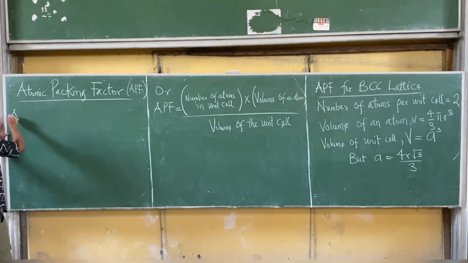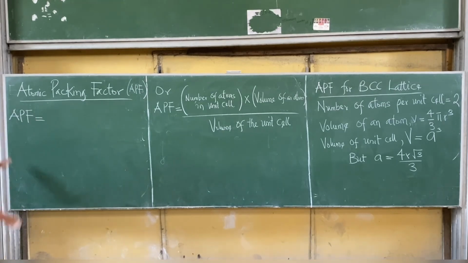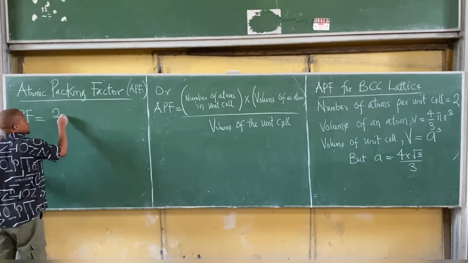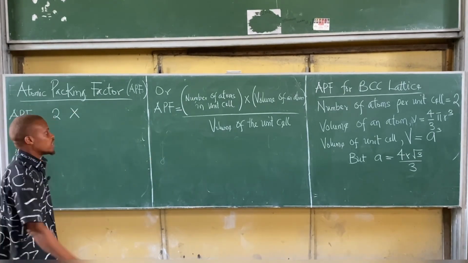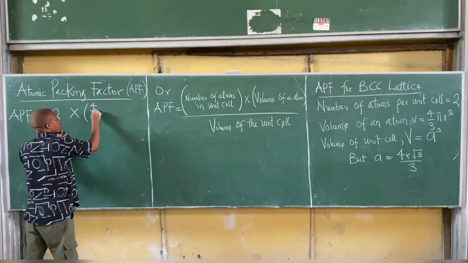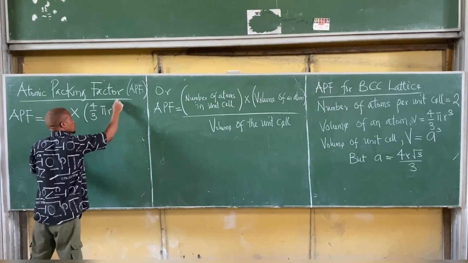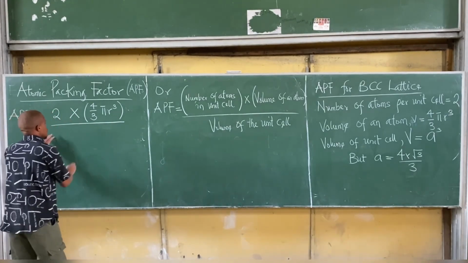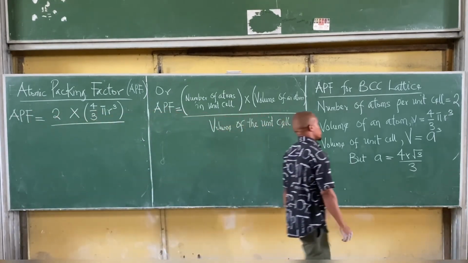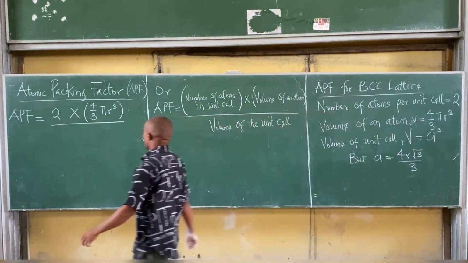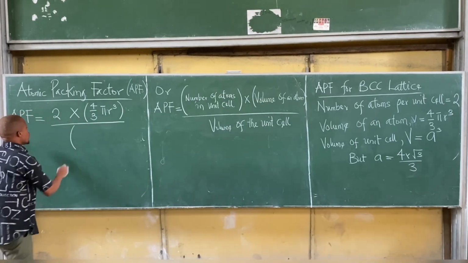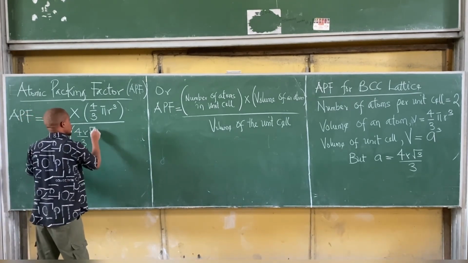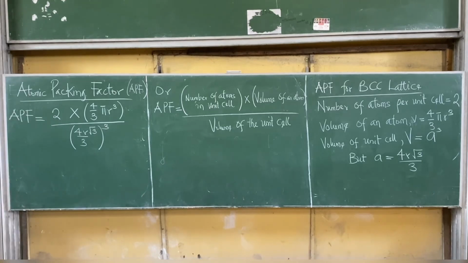Therefore, our APF equals the number of atoms in a unit cell, which is 2 for a BCC, multiplied by the volume of an atom, 4/3 pi radius cube, divided by the volume of the unit cell, which is a cube, where a is 4r√3/3, all cubed.